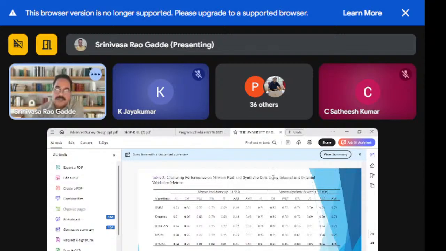Another step is to study the performance of these clusters. So we want to compare different indices: one using internal and the other using external validation metrics. These two are internal and these five are external. One is for the real data set and the other is for the synthetic data set.